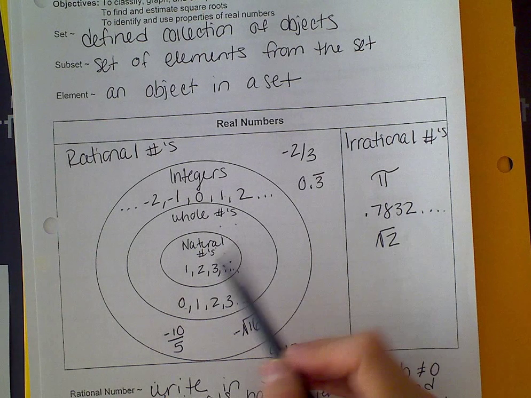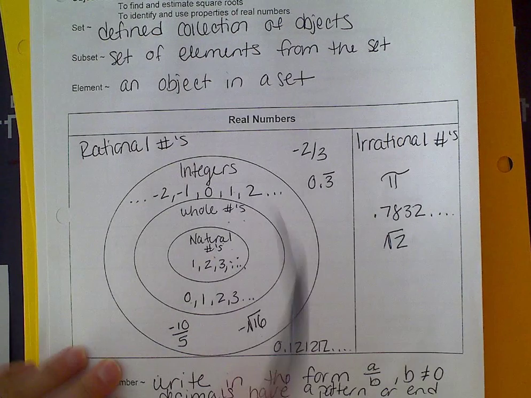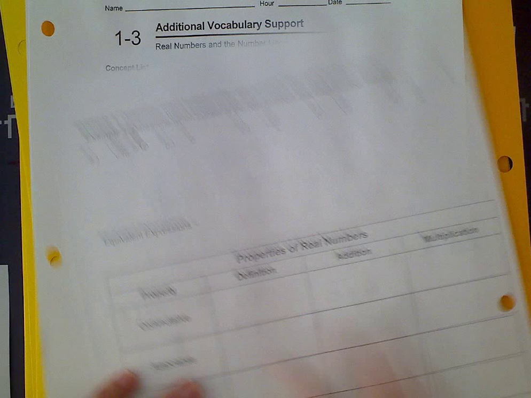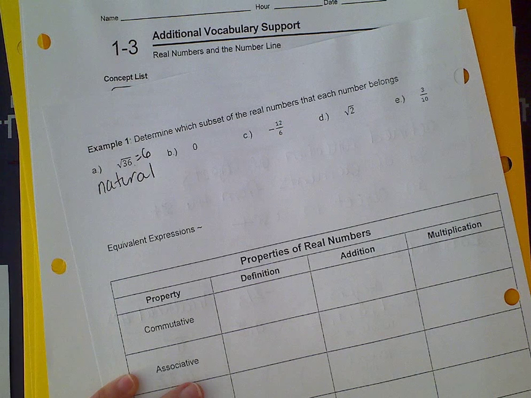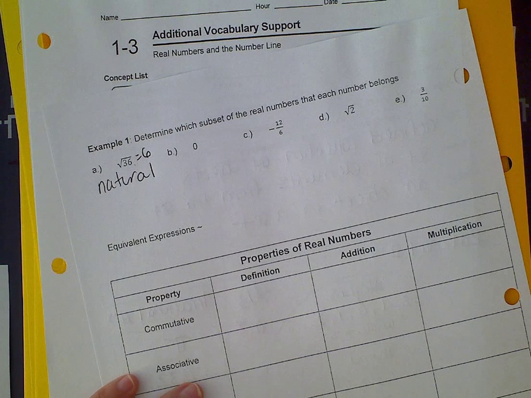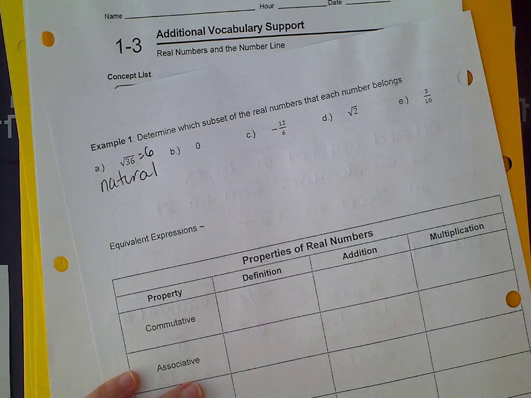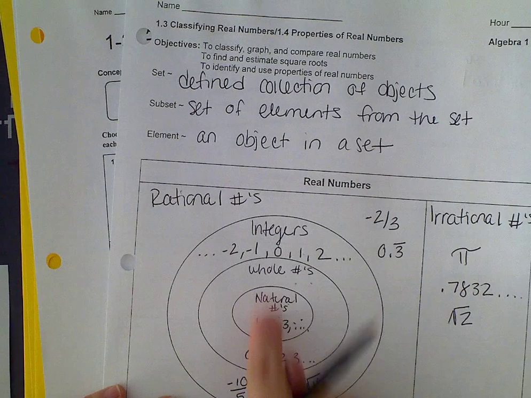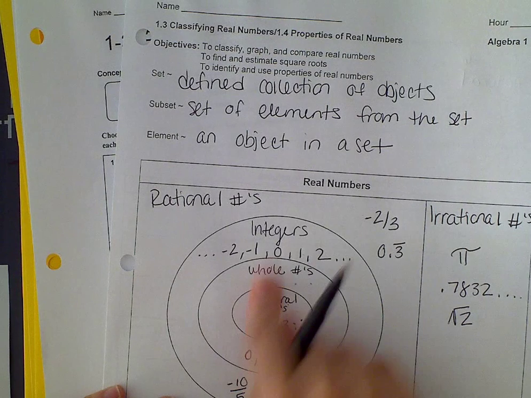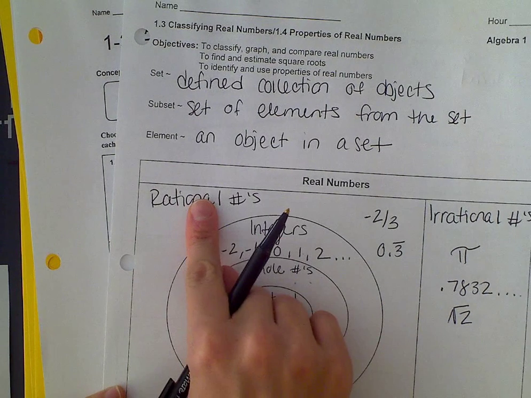So if you're in the middle, you're in all those other ones, those subsets that are embedded within it. So yes, it's in the set of natural numbers. So really when you find the first one, you just write all the other ones that ripple out from there. So because it's in there, it's also in whole, it's also in integer, and it's also in rational.